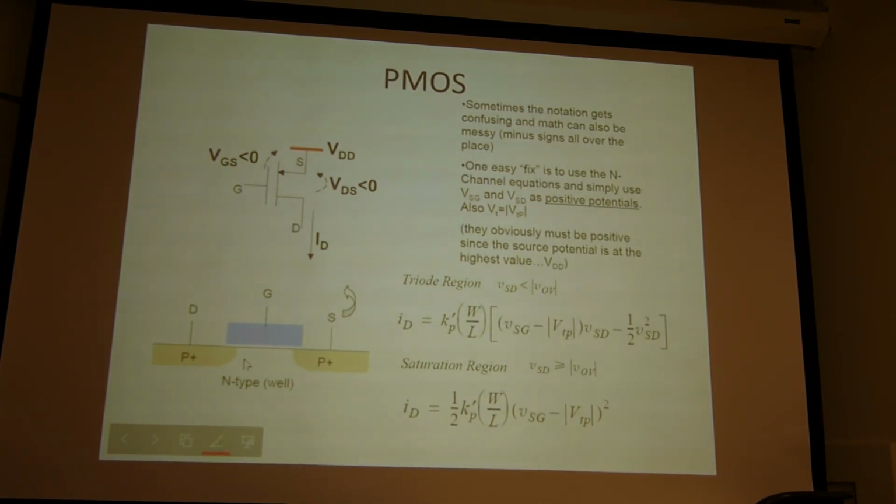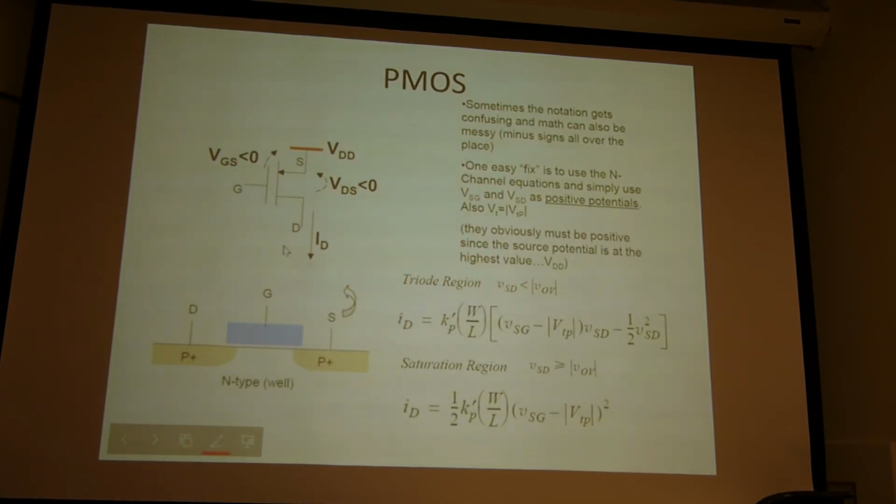And in the PMOS, after the inversion, you will create a P-type channel with holes moving. And also from the circuit symbol here, you will notice that for the PMOS, all the voltages are negative.